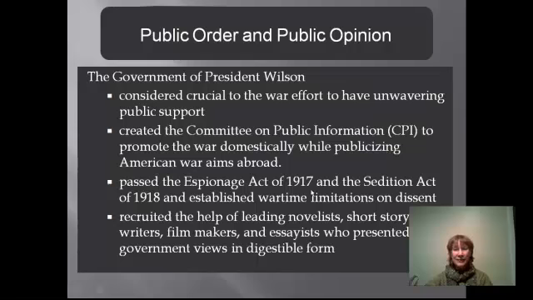Look at this act and the Sedition Act. Basically, you were not allowed to be against the war. Dissent was totally forbidden. And even this, what you see here, is fascinating because President Wilson appealed to university professors, to writers, to artists, to all kinds of Hollywood filmmakers to help with the war effort, and it worked.